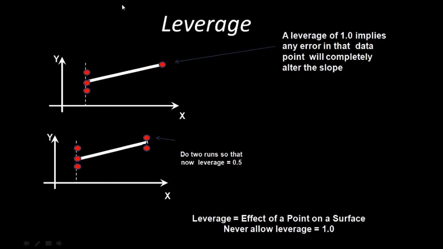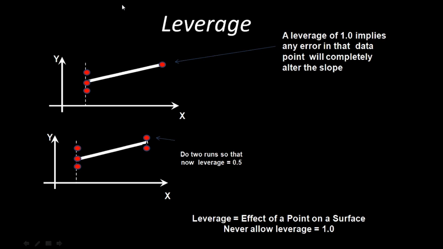So always select a descriptor which is distributed in a certain range, okay, if you are trying to develop a QSAR. That is another important point in addition to other points which we talked about in selecting descriptors.